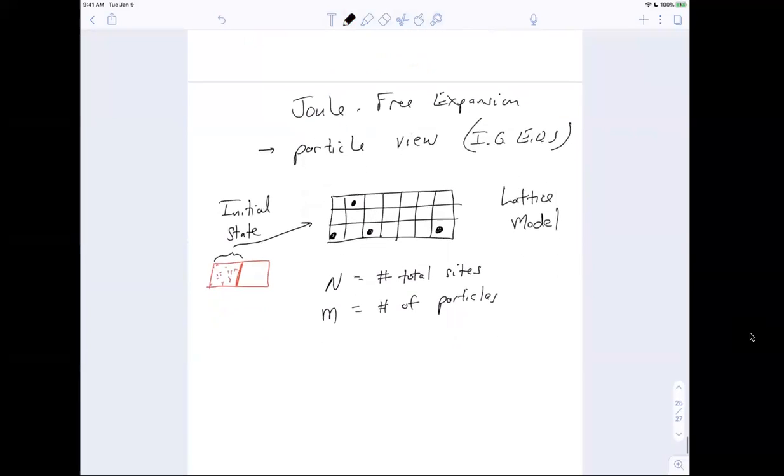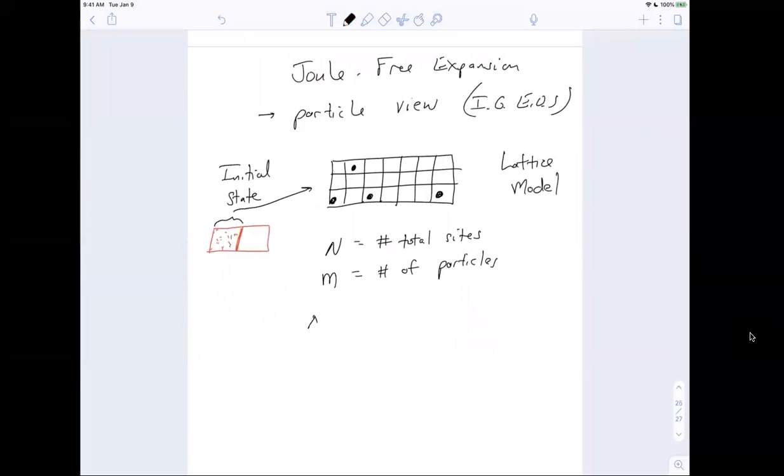And we will stipulate that N, capital N, is much, much, much greater than little m. We have to do this because we want to approximate ideal gas conditions.